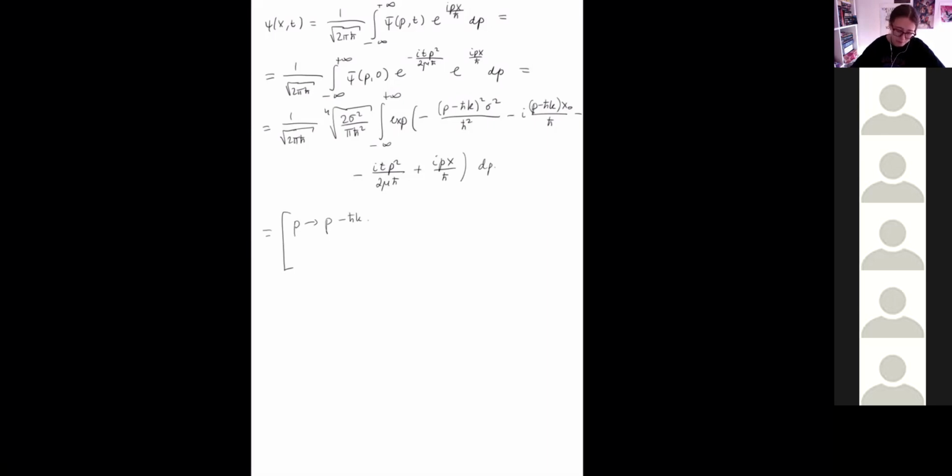So it would be something like (p minus something) squared plus some leftover stuff. You put everything that goes with p in this square, and the leftover stuff just goes out of the integral because it doesn't depend on p. Then this part of the integral is just the usual integral of the Gaussian with some coefficient.